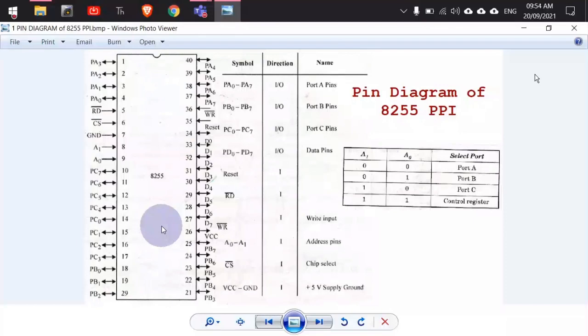And the performance will be according to the modes that we have studied: mode 0, mode 1, mode 2, or BSR mode. So there are these 4 modes. When these modes are used, the sequence of operations will happen, but for that you do not require a clock. Suppose you plugged your USB into your system and transferred one file.